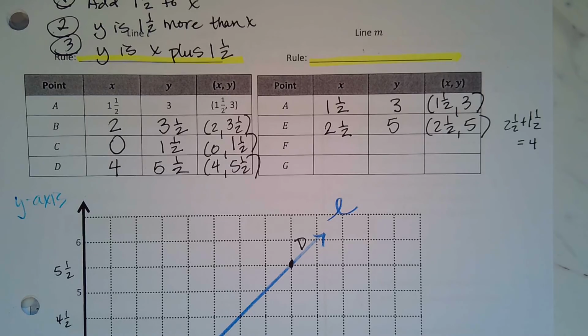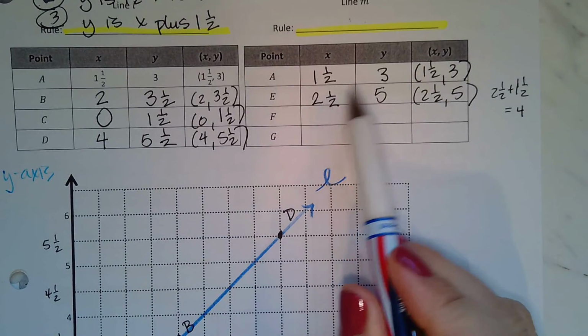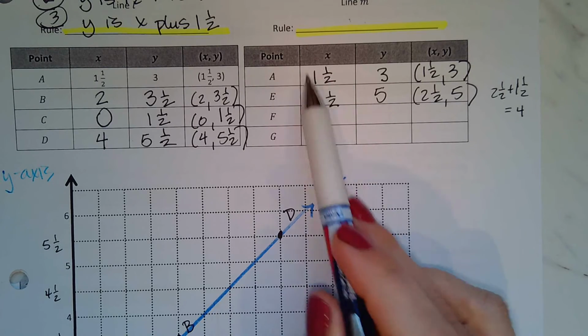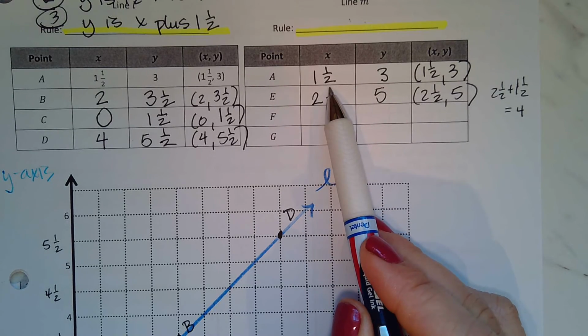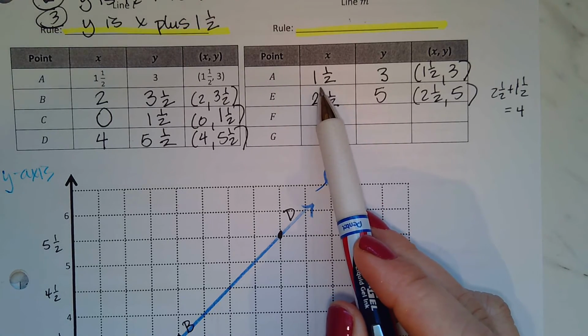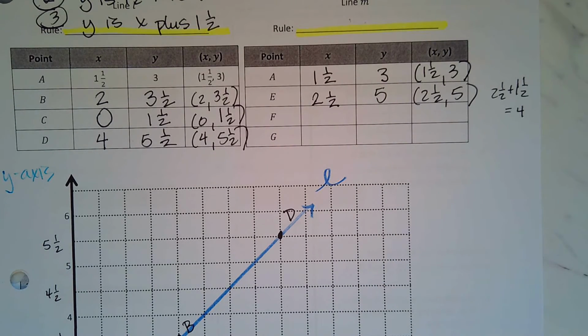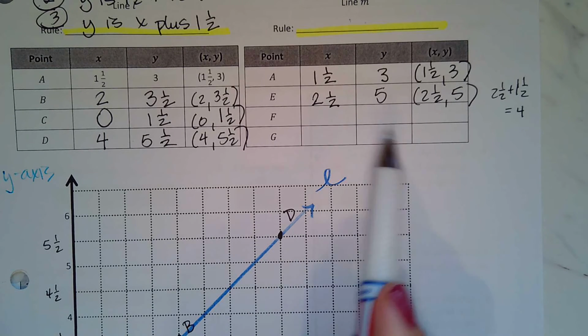So how did they get 1.5? What other operation could you use for 1.5 to get 3, and 2.5 to get 5?